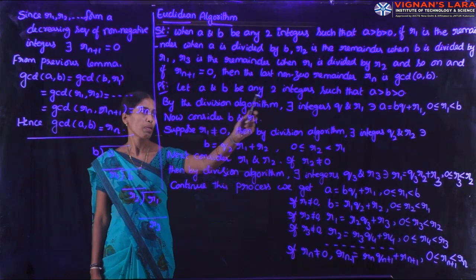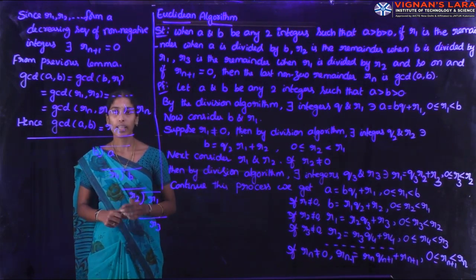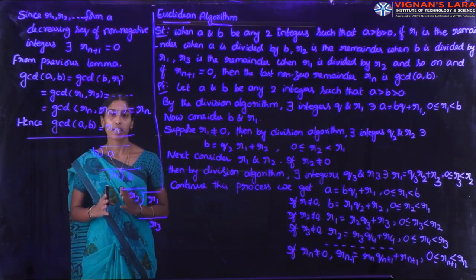Let A and B be any two integers such that A greater than B greater than 0. In the previous lecture, we completed the division algorithm.